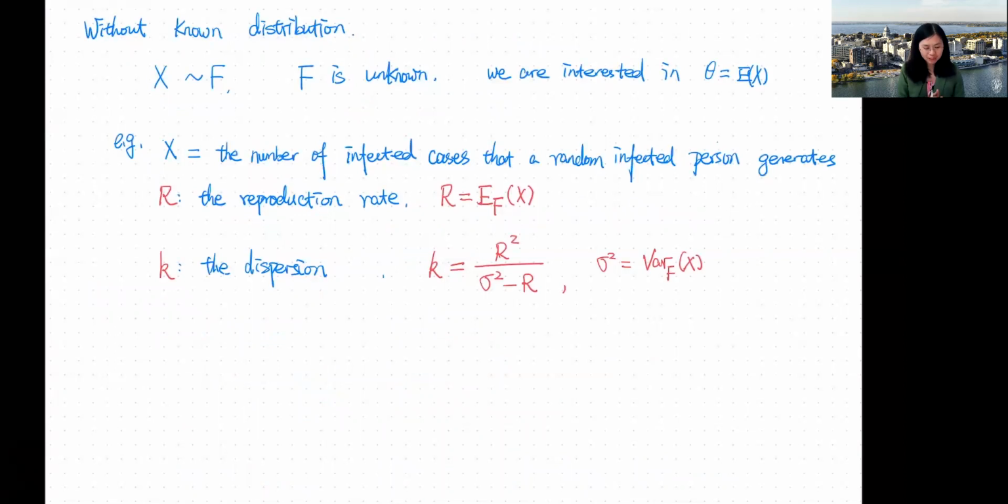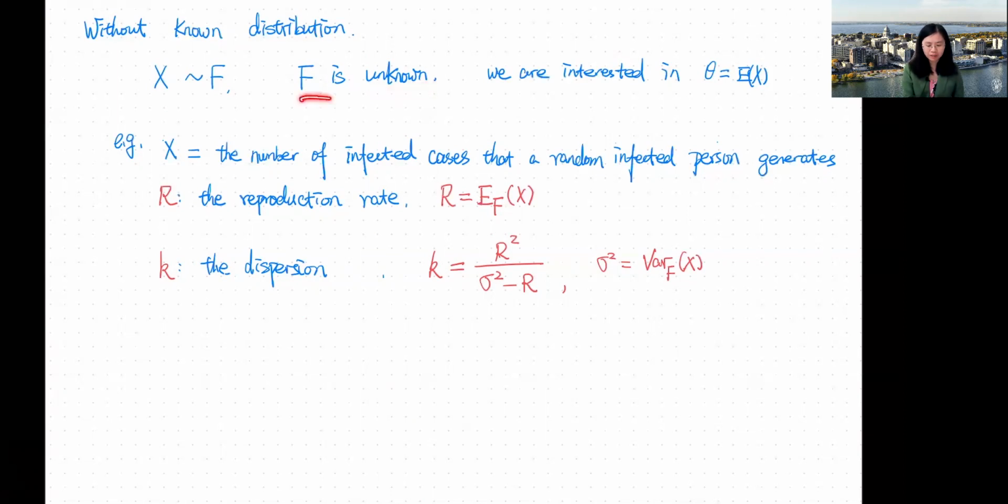Now, sometimes, actually a lot of times, we are interested in the distribution of a random variable, but we do not know, or there is no reasonable candidate for the distribution function of that random variable. So we are in the situation with unknown distribution.